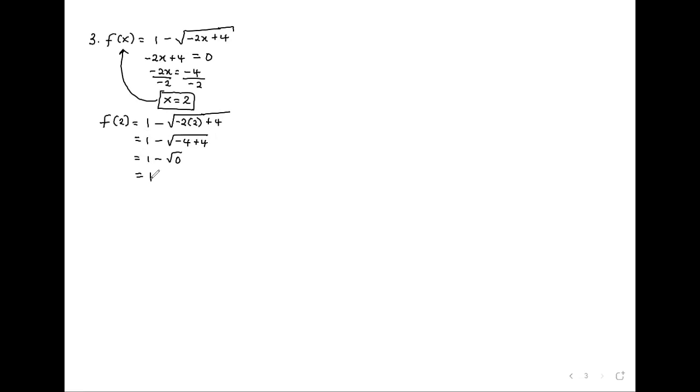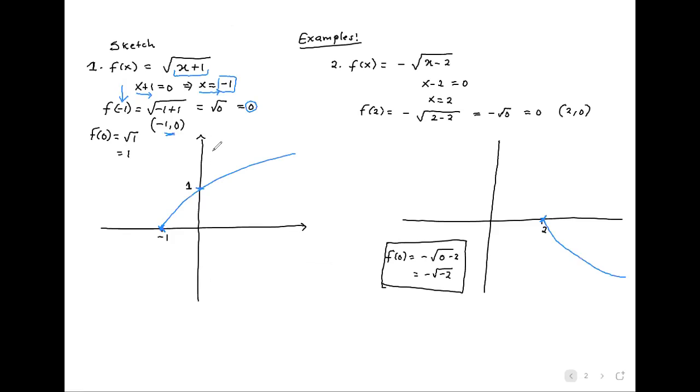Now we know that our function is starting at (2, 1). So the graph will start from here. Okay. So which family do we find this? Let's check.